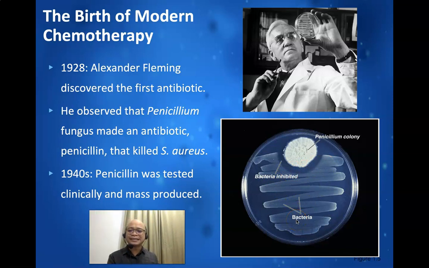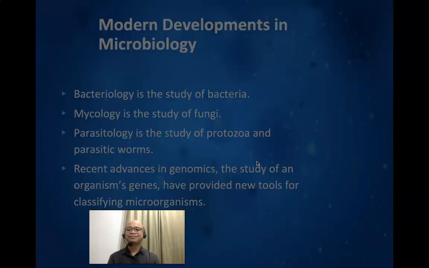Because of this, he got the idea that this Penicillium can inhibit the growth of Staphylococcus aureus because of the presence of the zone of inhibition. He extracted the active ingredient of Penicillium notatum and named it penicillin. In the 1940s, penicillin was tested clinically and was mass produced in time for the Second World War.